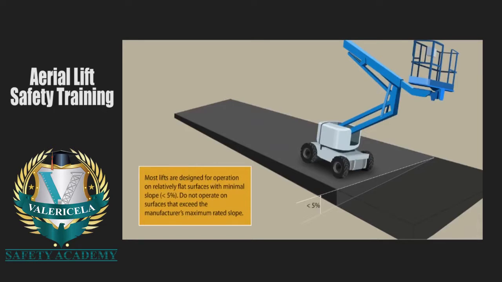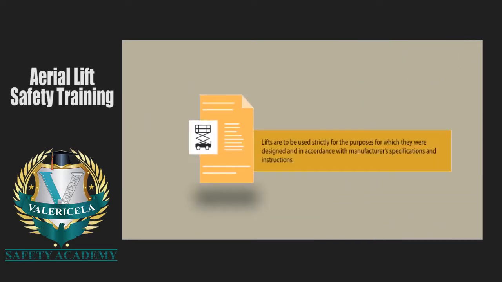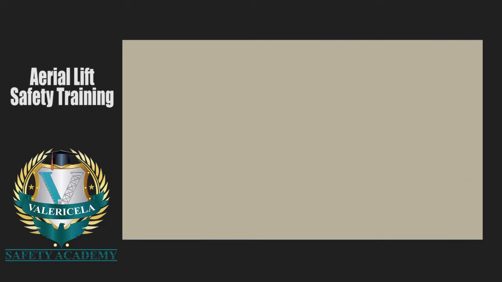Most lifts are designed for operation on relatively flat surfaces with minimal slope, less than 5%. Do not operate on surfaces that exceed the manufacturer's maximum rated slope. Lifts are to be used strictly for the purposes for which they were designed and in accordance with manufacturer specifications and instructions.